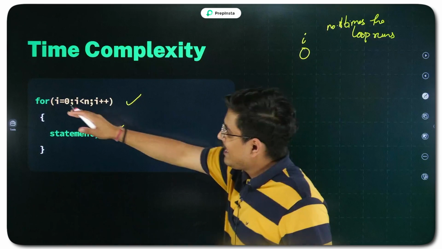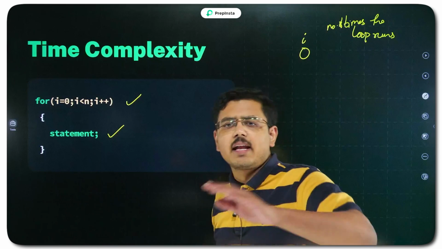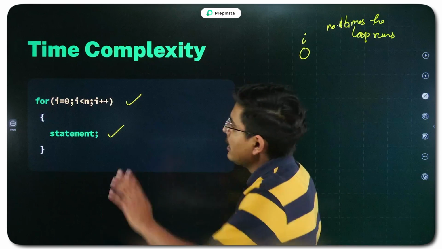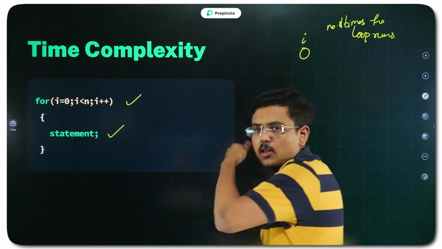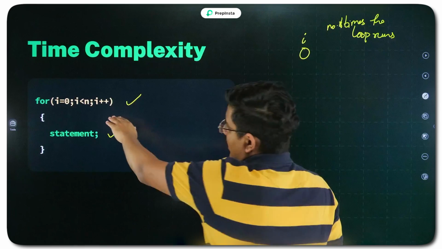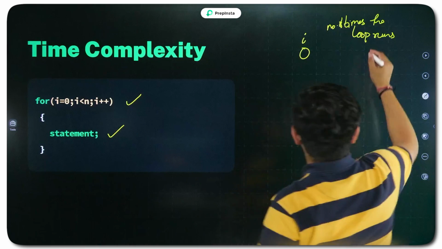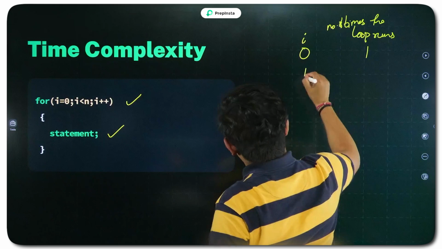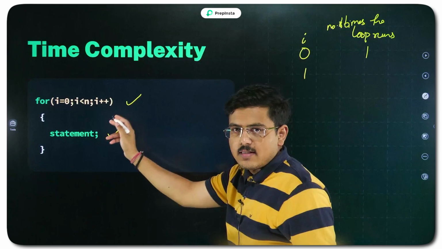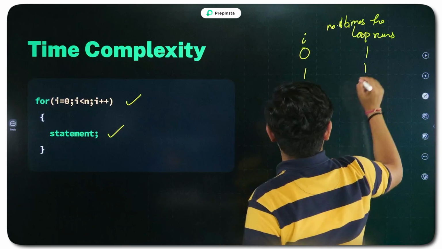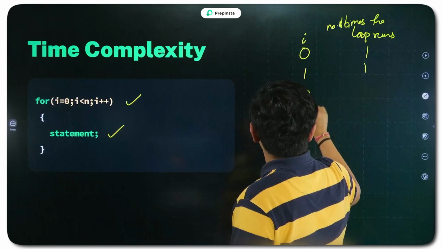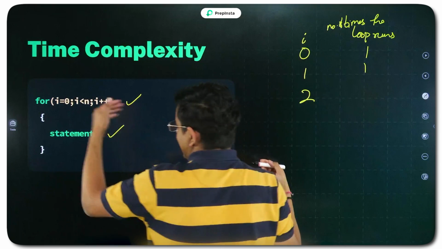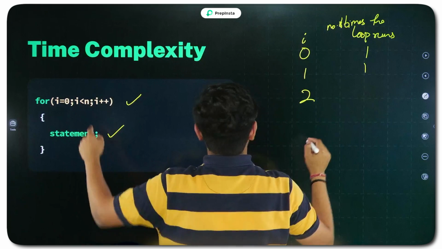So when i is 0, 0 is less than n, consider n is some very big value. 0 is less than n, so the statement will get executed. Basically the loop runs once and then i increments. So the loop runs once, i becomes 1. For 1 as well, this stands true. Again, the loop runs once. It gets incremented to 2. For 2, this again gets executed because 2 is still less than n.